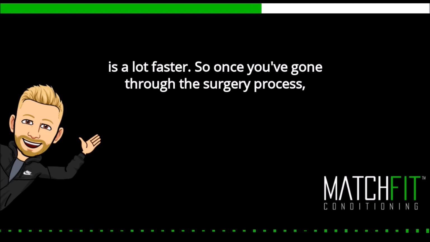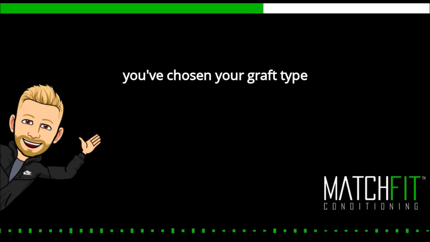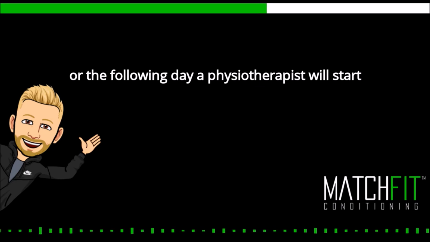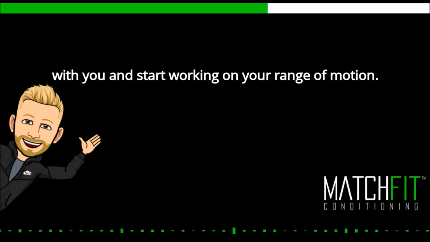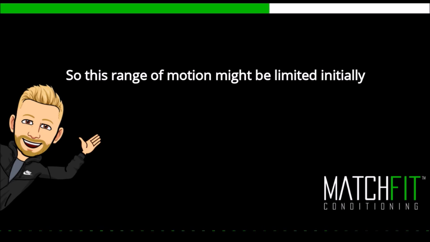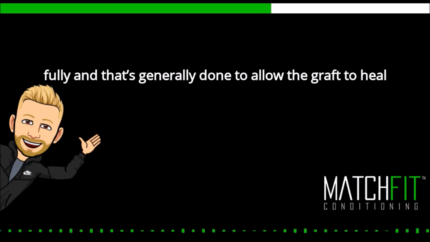Once you've gone through the surgery process, you've discussed the process with your surgeon, you've chosen your graft type, and you've had the surgery itself, generally immediately after a surgery or the following day, a physiotherapist will start working on your range of motion. This range of motion might be limited initially, and you won't be able to extend your leg fully.